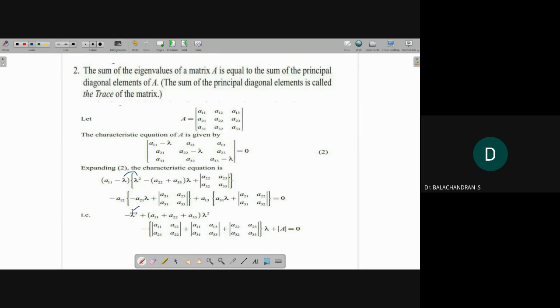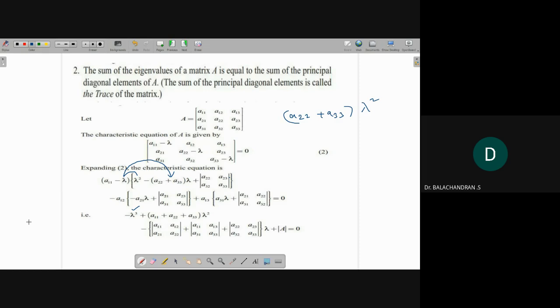And then I need lambda square. If I multiply these two, what will you get? Minus of minus plus, A22 plus A33 into lambda square.